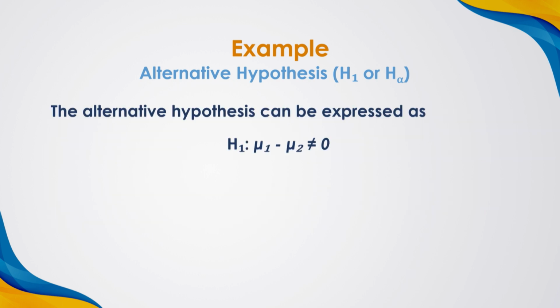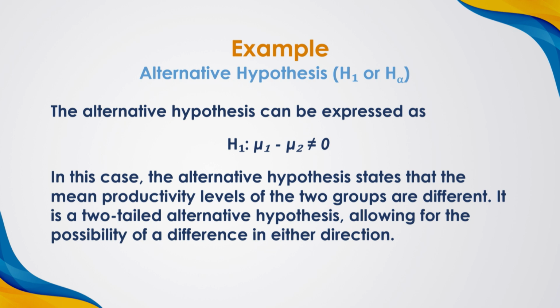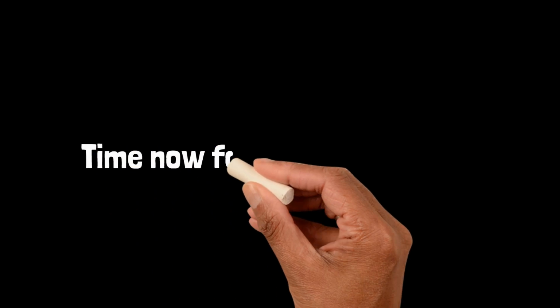The alternative hypothesis can be expressed as H1: mu1 minus mu2 is not equal to 0. In this case, the alternative hypothesis states that the mean productivity levels of the two groups are different. It is a two-tailed alternative hypothesis, allowing for the possibility of a difference in either direction.